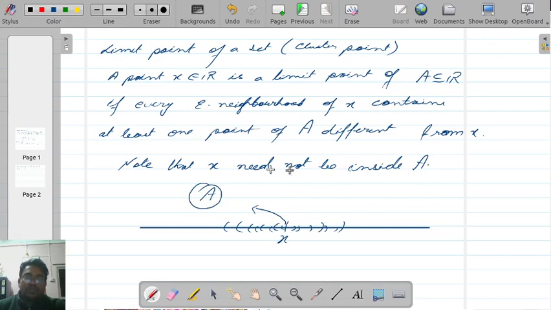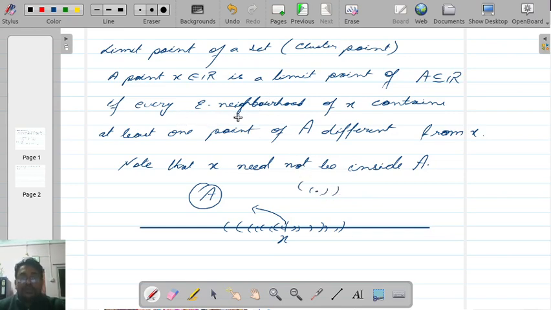Suppose x is inside A, then every epsilon neighborhood will contain x, that's not a problem, but we need something other than x. If that is possible, then we say that x is a limit point of A. Otherwise it's not a limit point.